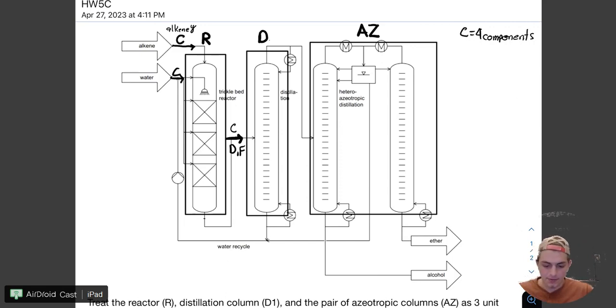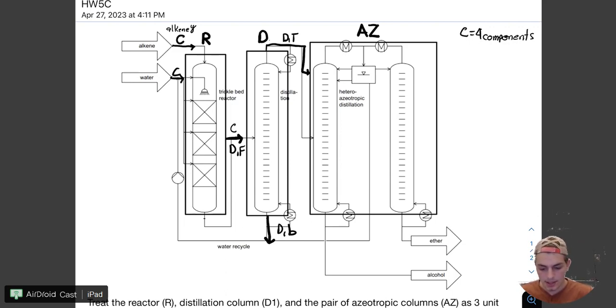Okay, then from there we have another feed. We could call this the azeotropic feed, or we could call it D1 tops. We'll just see what happens there. And then I also have this feed down here, which is D1 bottom, and that's going back into this water recycle up there.